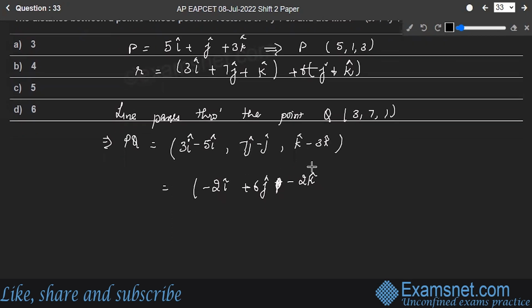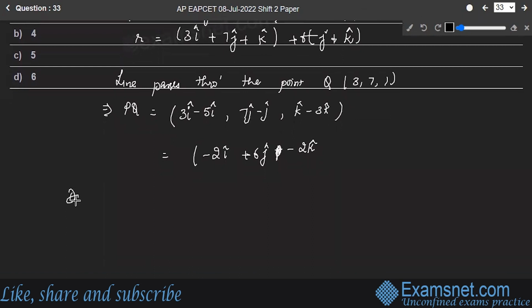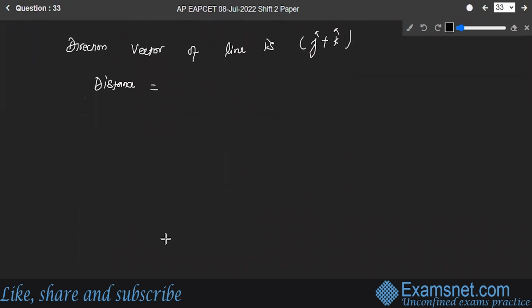Now the direction vector of the line is j plus k. You have to find out the distance, and the distance will be given by PQ multiplied by j plus k upon the mod of j plus k. What is the mod of j plus k?